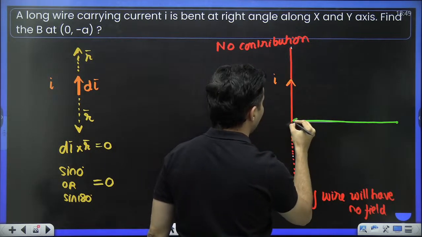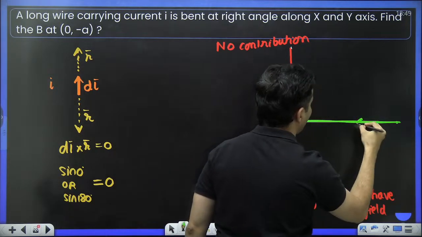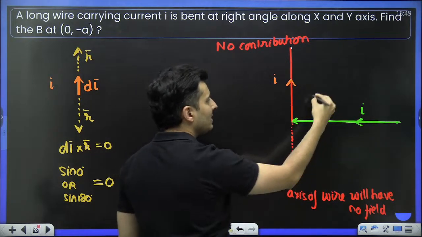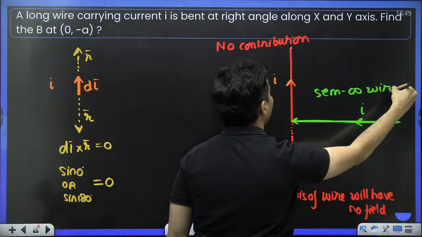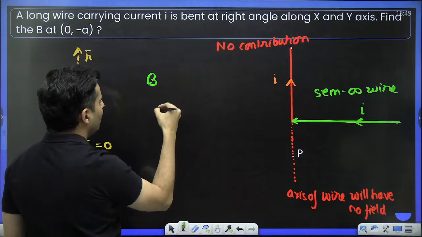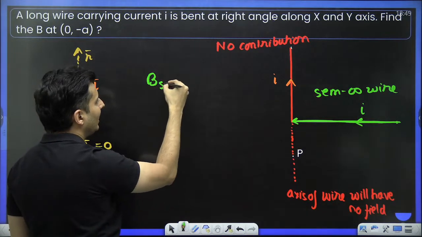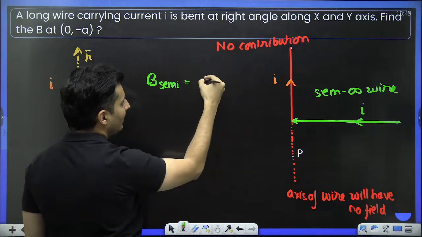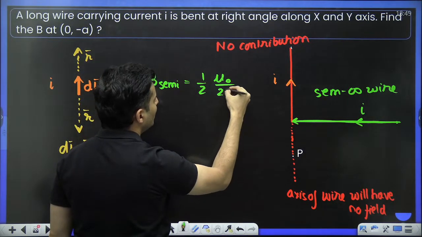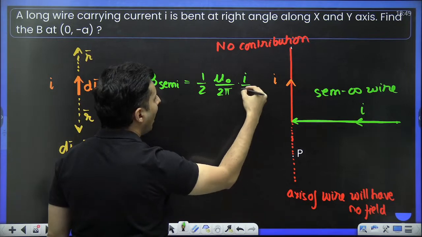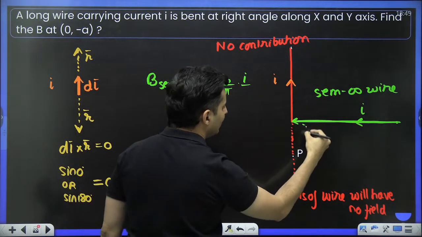So now it is just like only this particular wire is there, carrying some current. This is like your normal semi-infinite wire which carries current. And what did I tell you? The magnetic field due to a semi-infinite wire is half of that of the infinite wire. So mu naught by 2 pi into I by r. r over here is basically this distance.